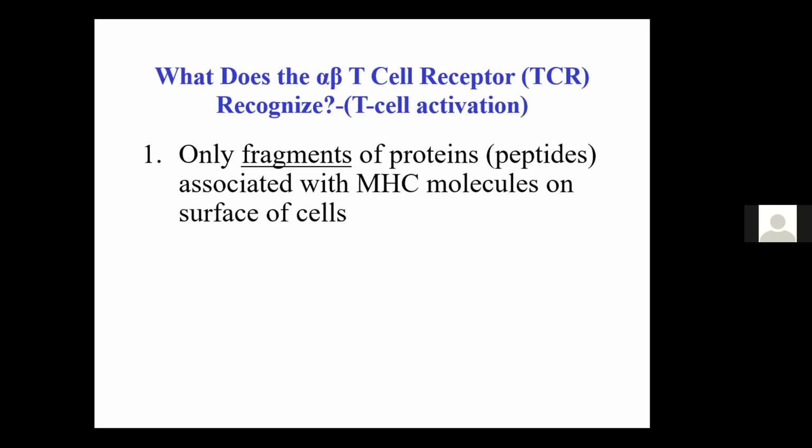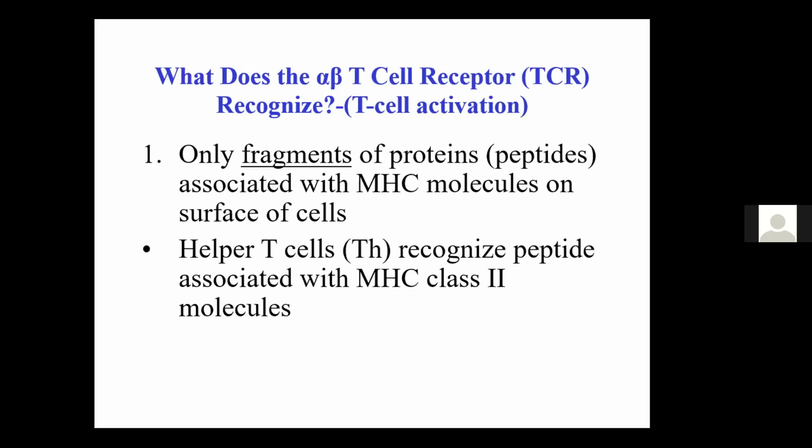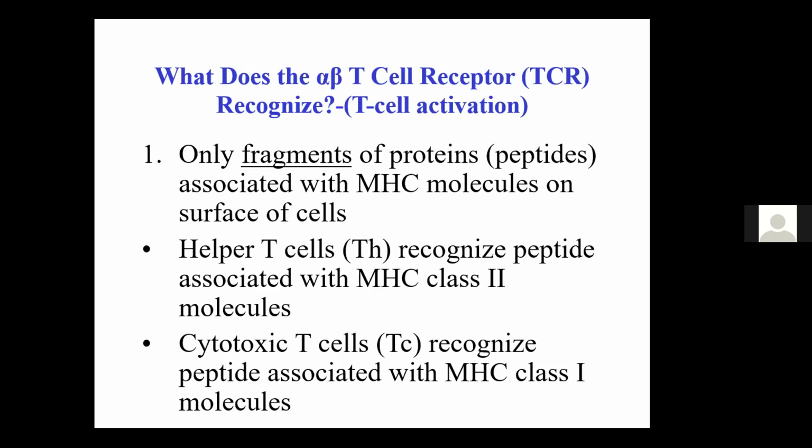But remember which type of MHC you are talking about and what type of T cells will be activated. Helper T cells recognize peptides in association with MHC class 2 molecules. What about the CD8 cells? I think you can even guess they are important in recognizing peptides associated with MHC class 1 molecules.